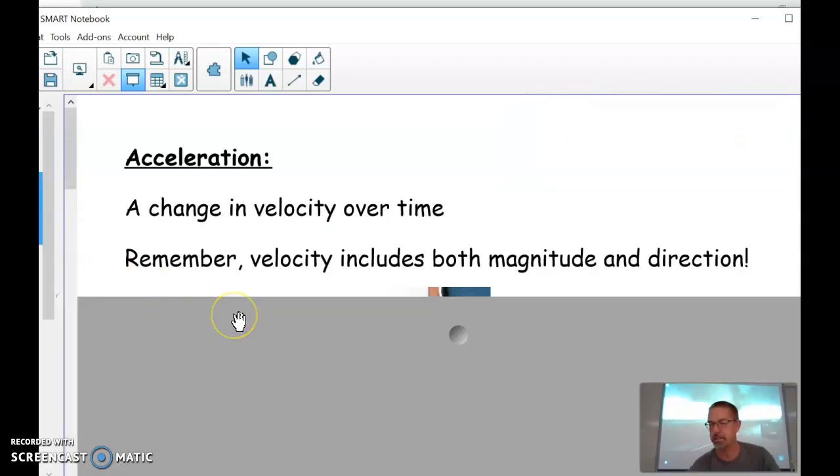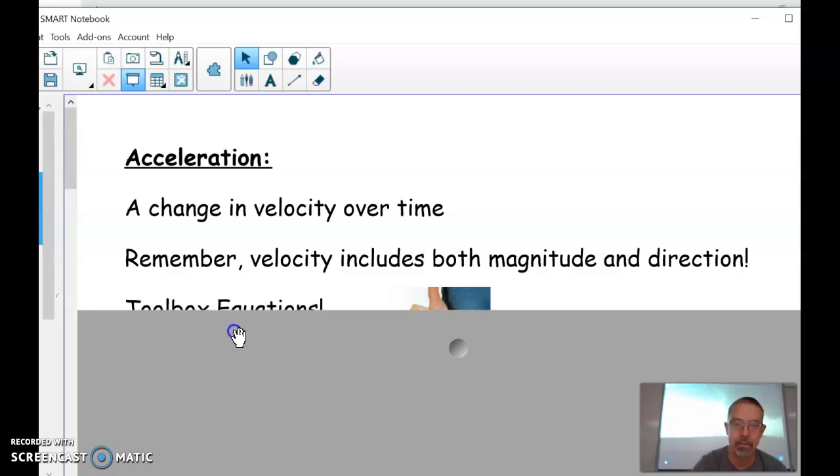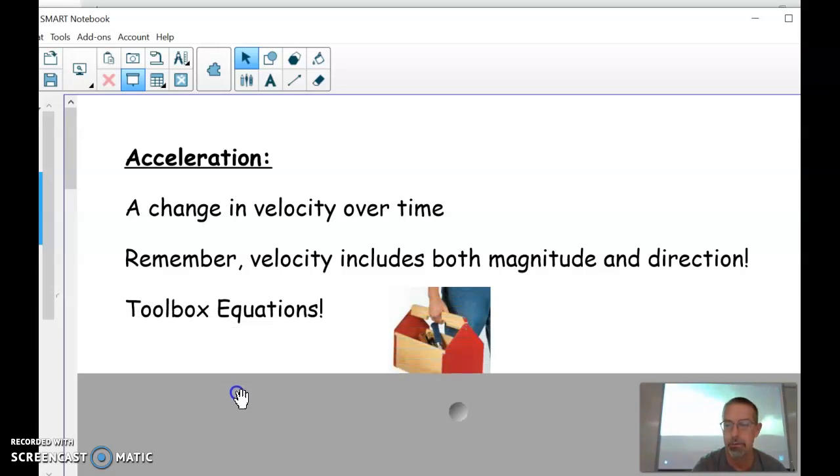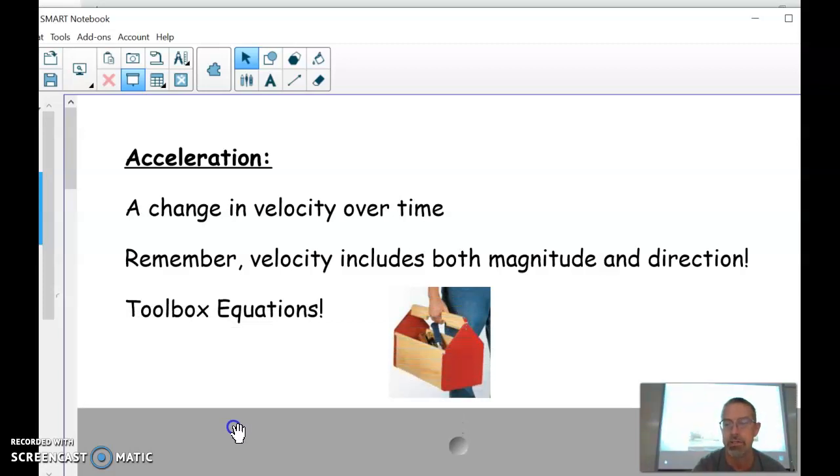So the very first thing to talk about is let's really get a definition of acceleration. I know you guys know the word acceleration, but I think we're going to understand it a little better today. And we're going to throw a couple more toolbox equations at you today. But remember that if velocity is going to be changing over time, velocity is a vector, not just a scalar.